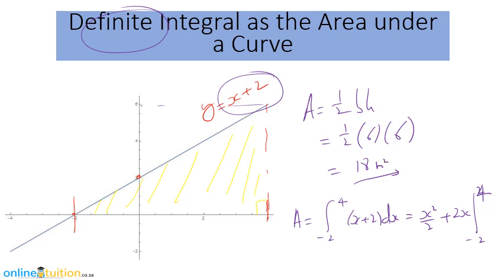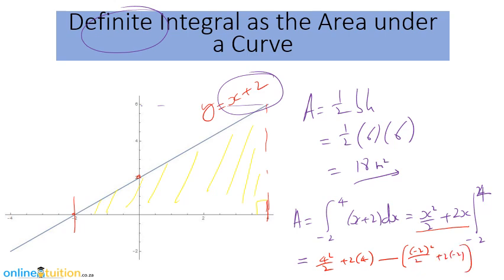So that's going to give me... Now watch how I evaluate this thing. You've got to evaluate the top bound first. So you take the antiderivative, if you're going to call it that, and evaluate it at 4. So that's 4 squared over 2, plus 2 into 4. And then it's minus the bottom bound, watch that, which is minus 2 squared over 2 plus 2 into minus 2.